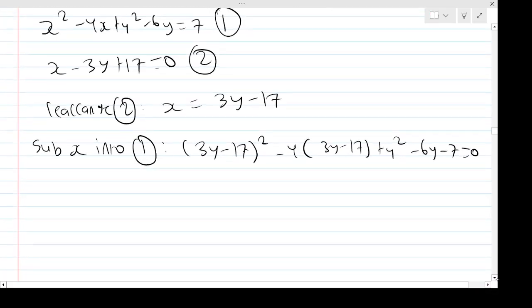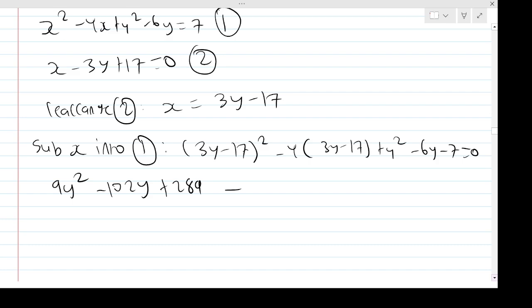Then I just need to expand these brackets. 3y squared would be 9y squared. Then 3y times minus 17 is minus 51, and another minus 51 gives minus 102y by expanding. Then minus 17 all squared gets me positive 289.